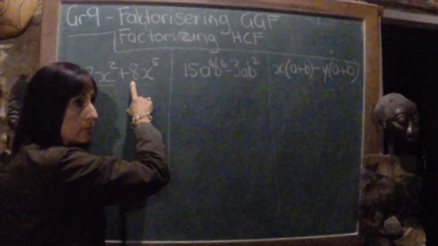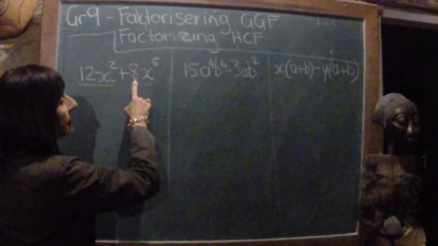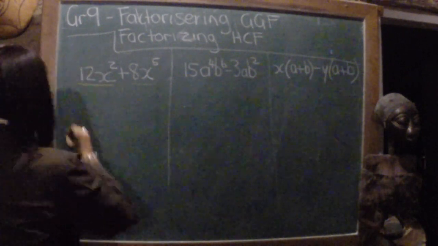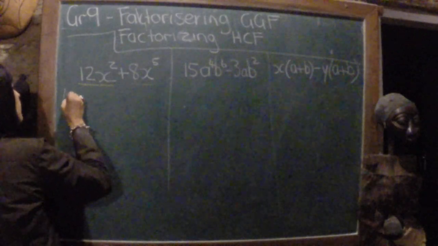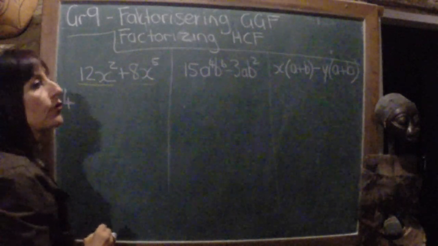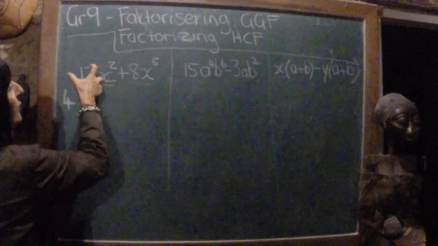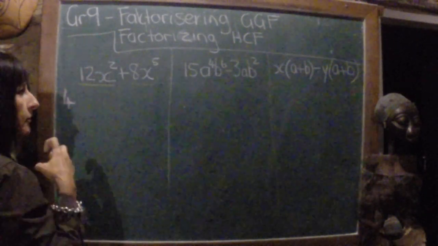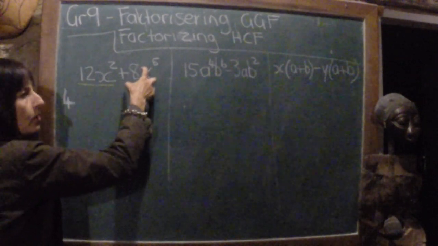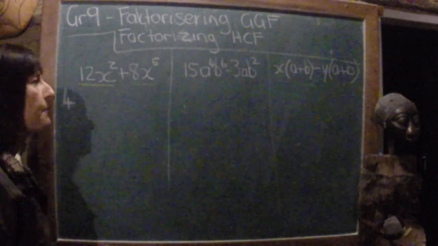That's 4. 4 kan ek uit 8 uithaal, 2 maal, en ek kan 3 4's uit 12 uithaal. So the common factor that I can take out of both equals 4. Ek kan groepies van 4 uit 12 uithaal, 3 van hulle, en ek kan groepies van 4 uit 8 uithaal, net 2 van hulle. So I'm happy with the 4.